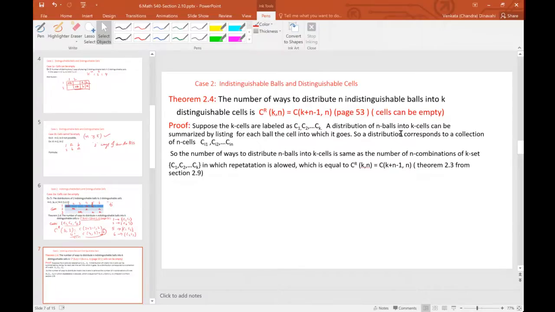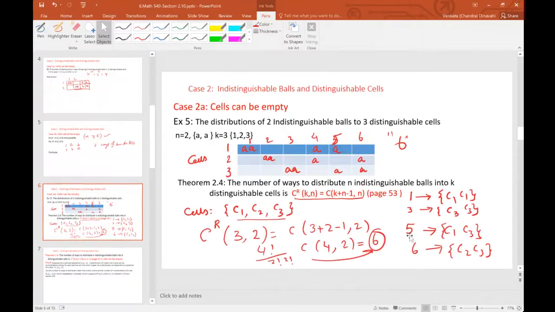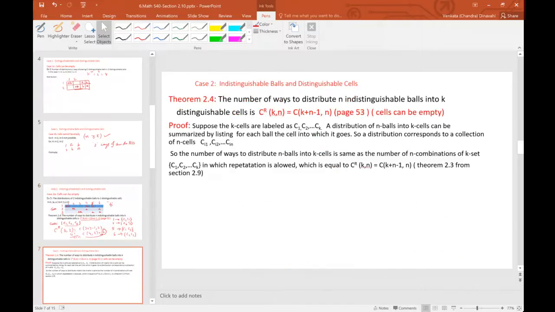A distribution of n balls is summarized by listing, for each ball, the cell into which it goes. That means if you look at distribution 5, it is C1 comma C3; you are listing the cell into which each ball goes. So a distribution is simply a collection of n cells out of k cells, really.